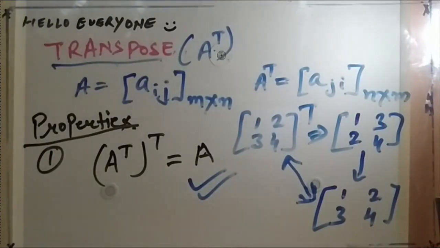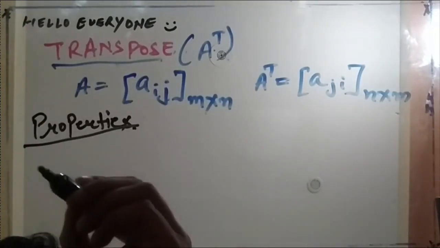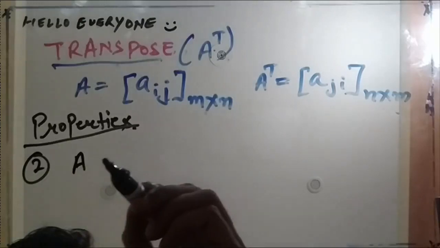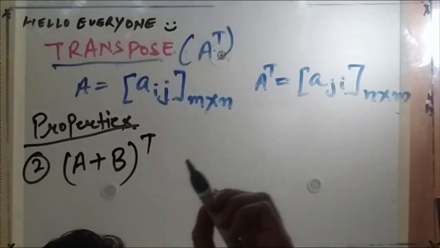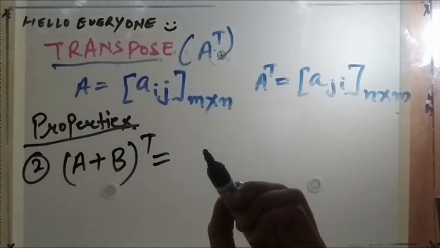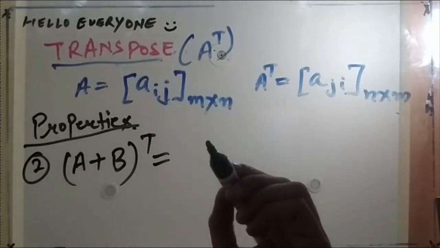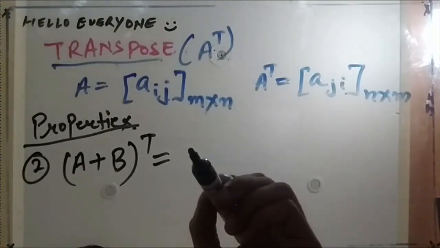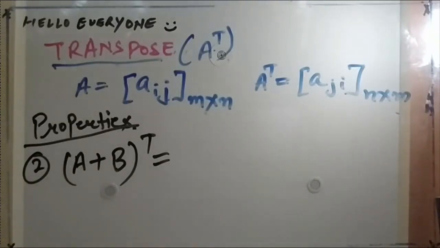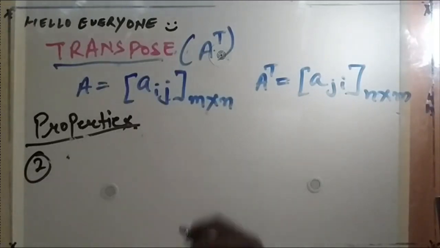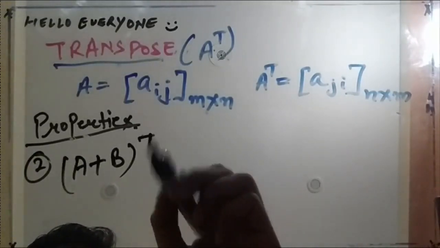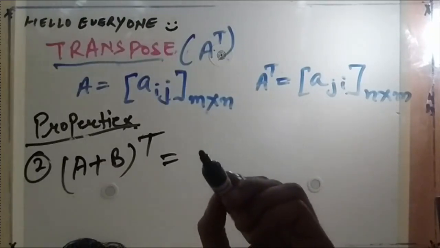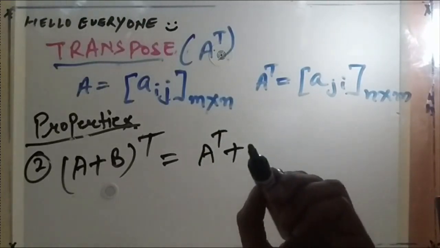Let's go to the second property, which says the transpose of the sum of two matrices can be given by the sum of the transposes of these two matrices.